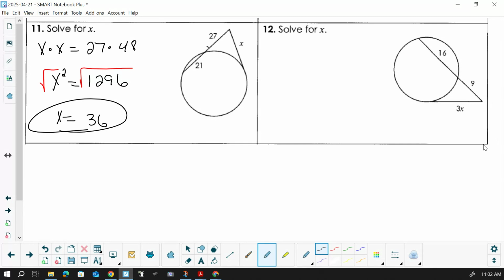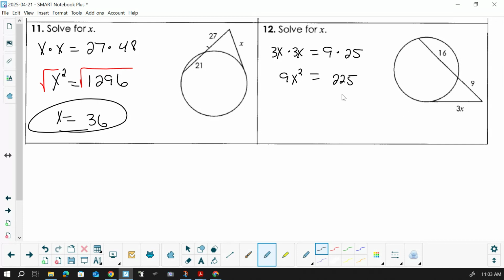Next one. 3x times 3x. And on the other side, part on the outside, times 16 plus 9 is 25. 9 times 25 is 225. 3x times 3x is 9x squared.